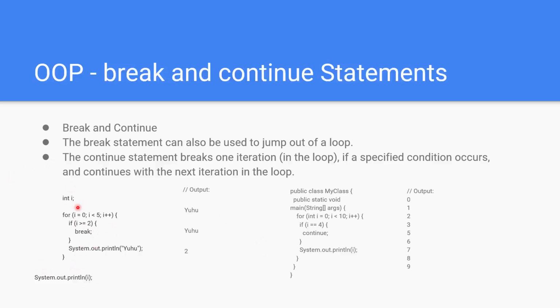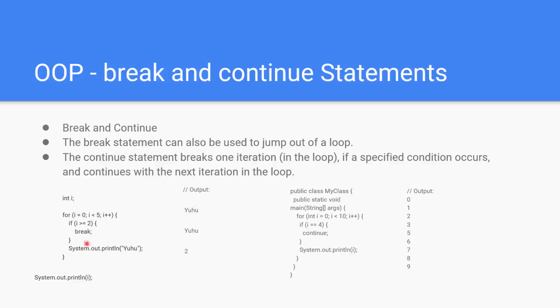So if we take a look here, we set up this for loop to start at 0 and to continue to print this Yahoo while I is less than 5, and then we iterate by 1. We count up by 1. However, we have set up this condition here, so we test if I is greater than or equal to 2, and then we break out, and then we print the current value of I as soon as we break out.